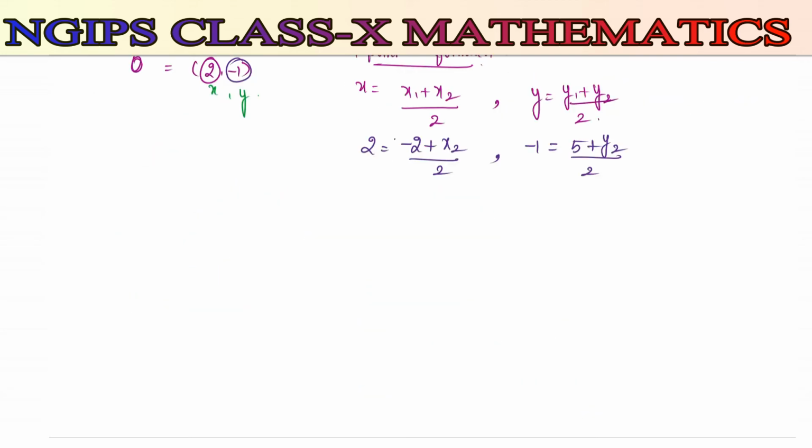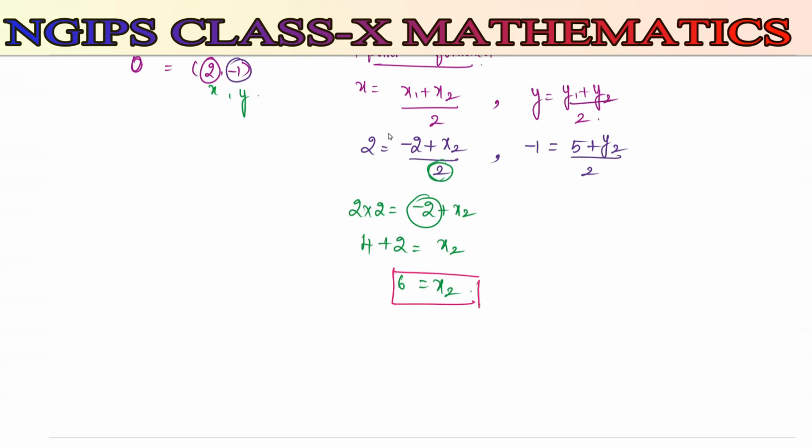Now when you shift this 2 to the opposite side, division will become multiplication. So you will get 2 into 2 is equal to minus 2 plus x2. So 2 twos are 4. When you shift this minus 2 to the opposite side, it will become plus 2 is equal to x2. 4 plus 2 is 6, so 6 is equal to x2. So the x2 value we got here is 6.